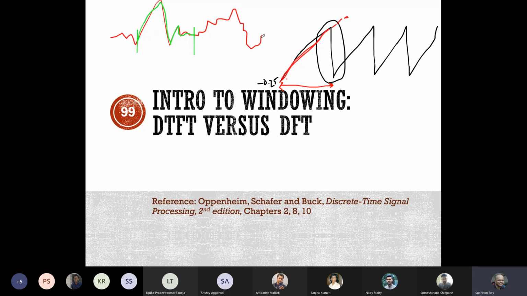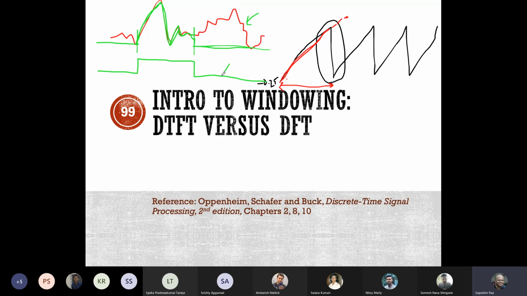And the answer surprisingly is not very hard, because this new signal is just a multiplication of the original signal shown in red multiplied by a rect function shown here in green. If I multiply this, I'll get this modified signal, which is 0 everywhere, and then it takes this sort of a waveform and then it becomes 0 again. Correct?